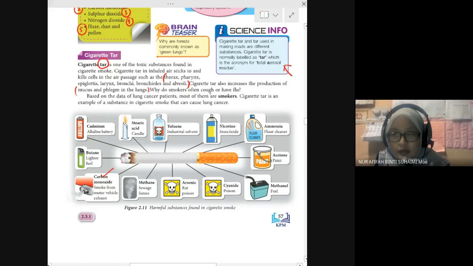Often cough and often get flu because the trachea and nasal cavity have a lot of mucus and phlegm. Ada kahak dan mucus. Based on the data of lung cancer patients, most of them are smokers.